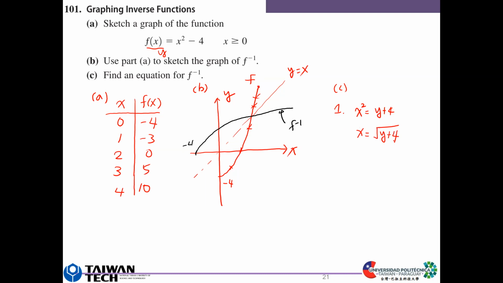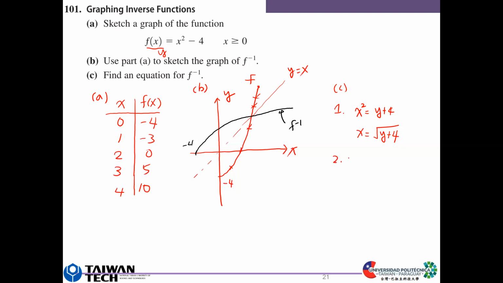Let me double check the answer against problem 101.